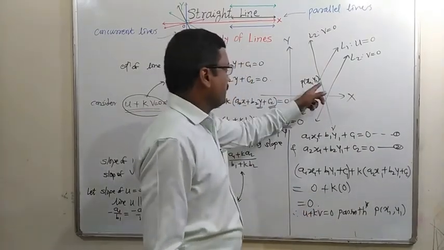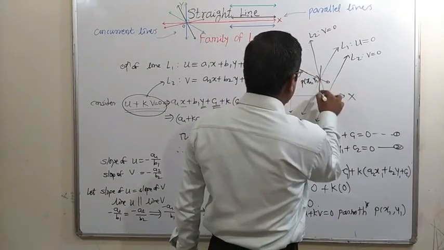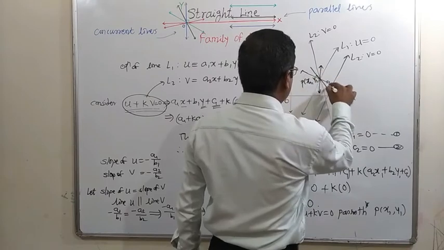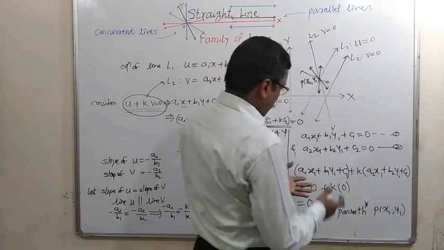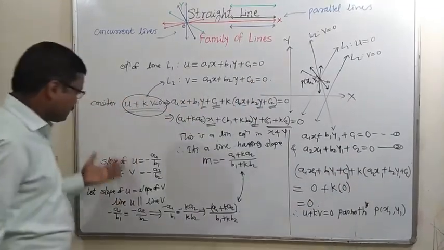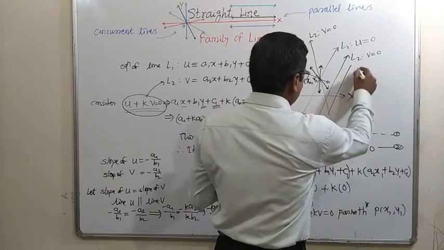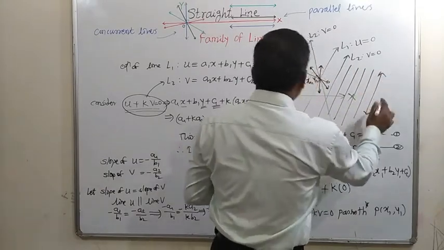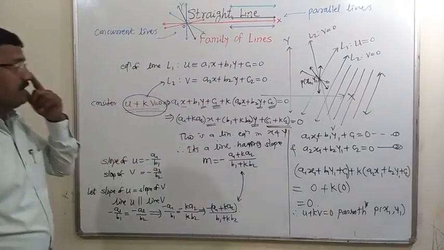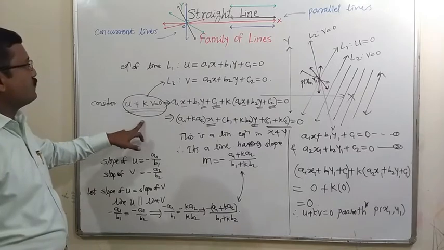For different values of k, we get number of lines which pass through this point, like this. Or if these lines u and v are given, then u plus kv is the equation of lines which represents the number of lines which are parallel to these two parallel lines u and v. So we get the single formula or equation of family of lines, that is u plus kv equal to 0.